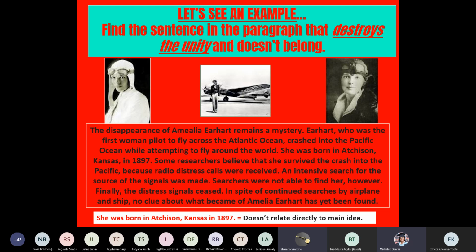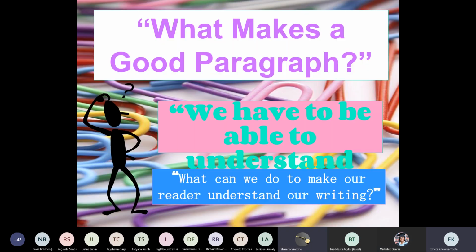Good job. So you don't want to say at the end of it, let's see, an intensive search for the source of the signals was made. No, okay? That's obviously a supporting sentence. So just remember not to include any new ideas, supporting detail, or any new information in the conclusion.